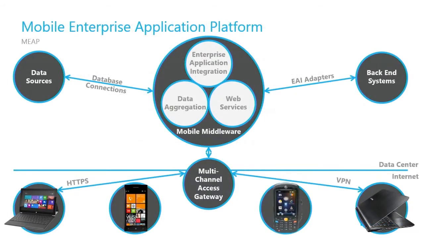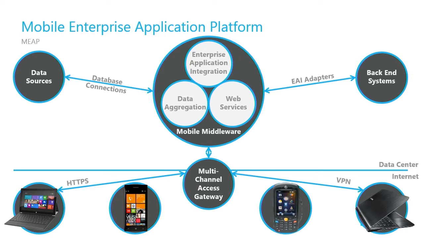So let's take a look at a visual representation of the mobile enterprise application platform. Kind of walk you through the text way of looking at it. If you look from top to bottom on this, you can see on the corners there data sources. Those might be backend databases, SQL Server, DB2, Oracle, Teradata, things like that.